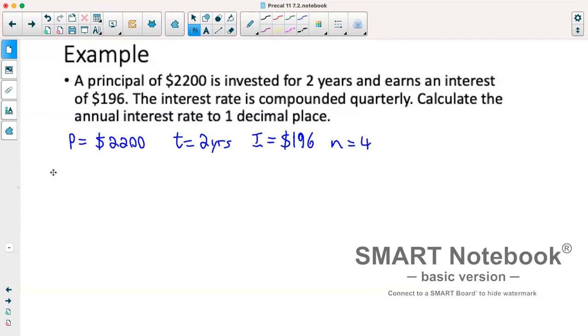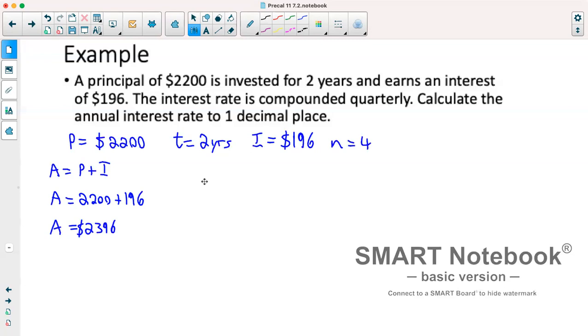So what I'd first do is use the equation from a previous section, A is equal to P plus I, to figure out our amount. So our amount is 2,200 plus 196, so our amount is equal to $2,396.